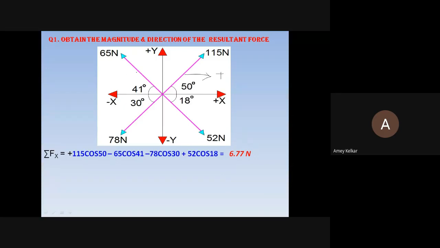For the second quadrant, this is your x, which is negative. For the third quadrant, again the force will go out, this is your x, again negative. And for the last one, the x component will come here, which is positive. So forces in the first and fourth quadrants have a positive sign, whereas forces in the other quadrants have a negative sign. This is how we get the equation.